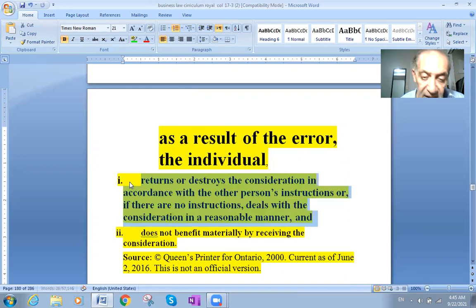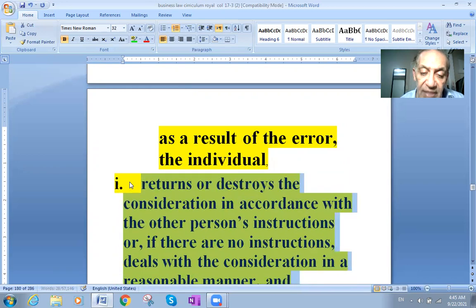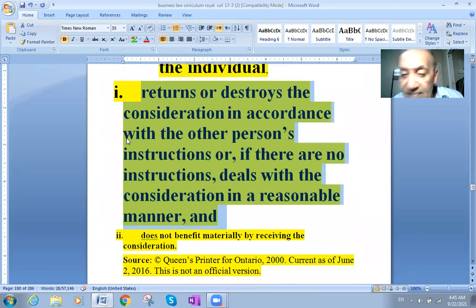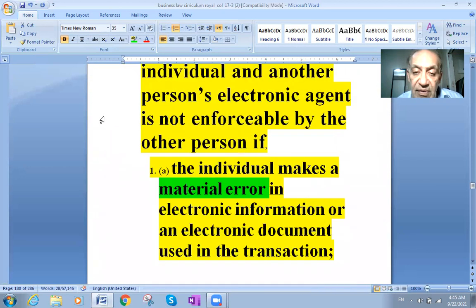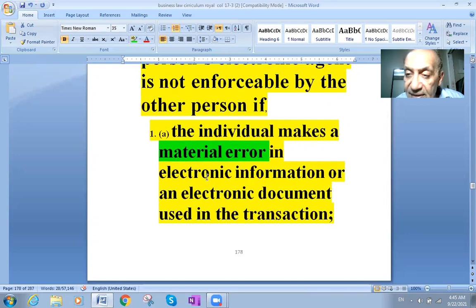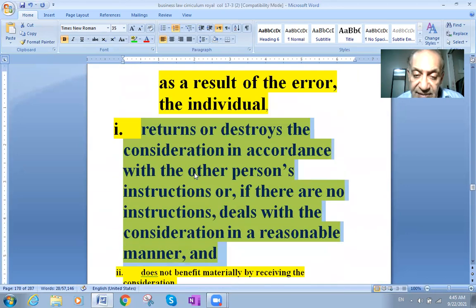So what I want you to know is, if there is a material error in the contract, that can make the contract void.